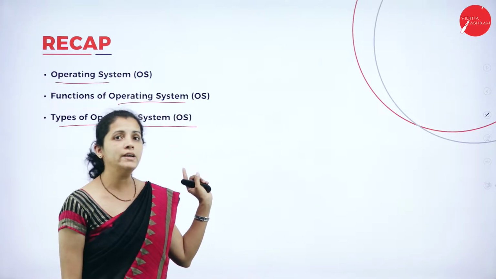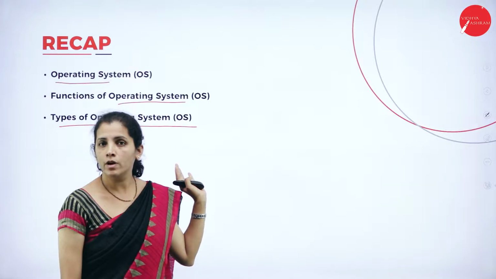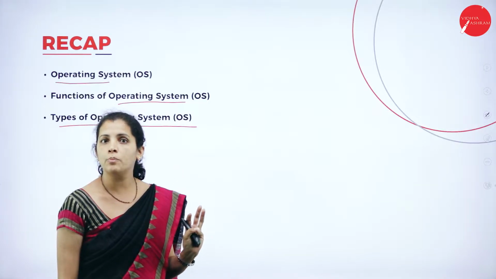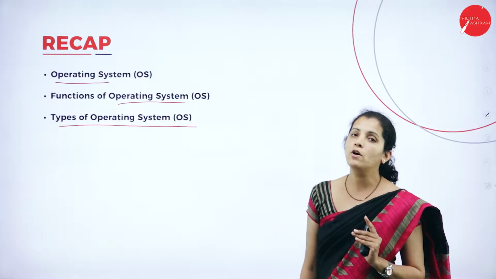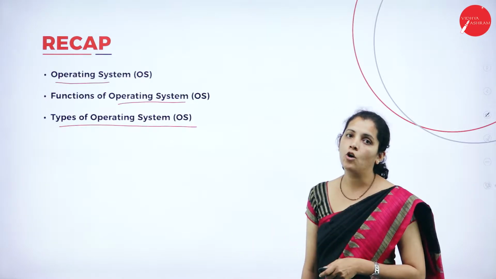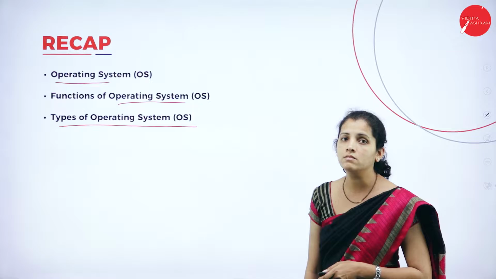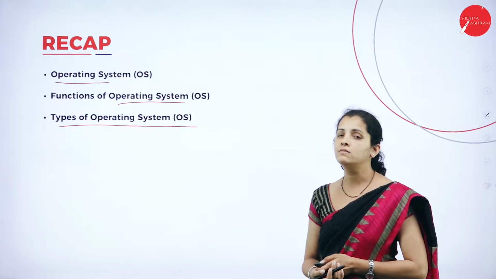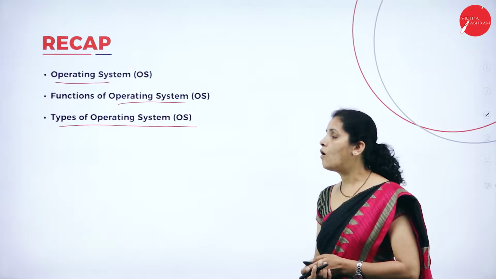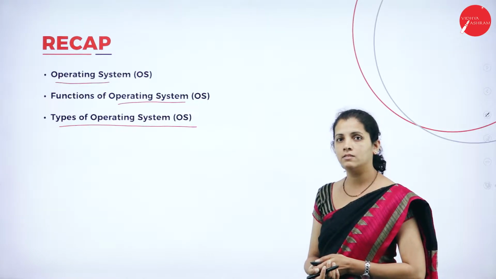So what are the different types? We have single user operating system, multi-user operating system, multi-programming operating system, multitasking operating system, batch operating system, real-time operating system, distributed operating system. These are the types of operating system.